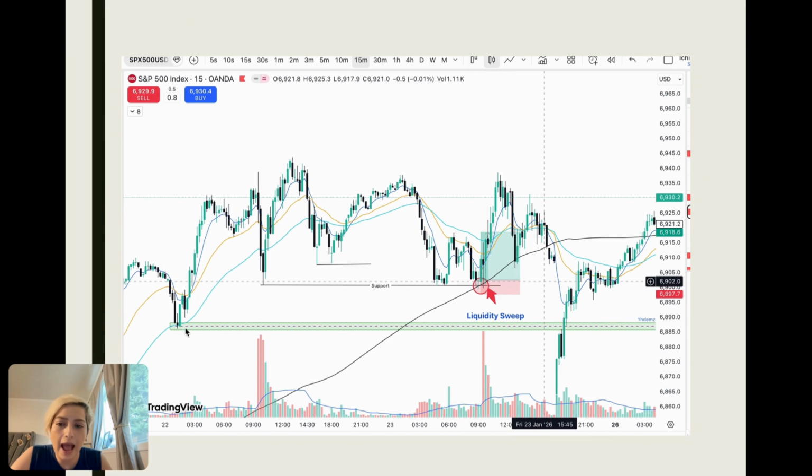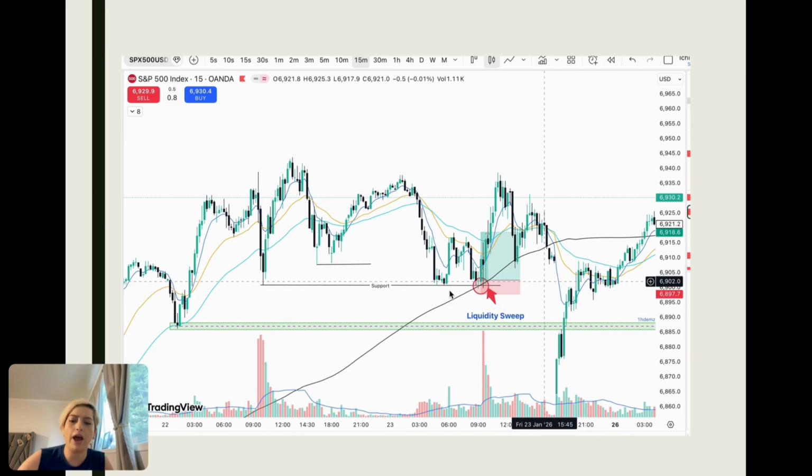So here's how it looks on a chart. First, we have our demand zone on the 1 hour, a higher time frame. We mark the origin, then we notice a support level forming just after the zone. And as you can see here, first touch, second touch, third touch, and fourth touch.